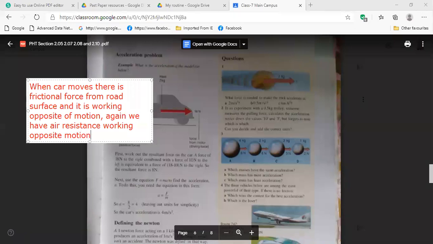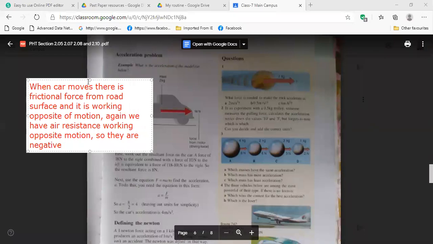So these two forces, air resistance and frictional force, are working opposite of motion, right? They are negative. As they are working opposite, they are negative.